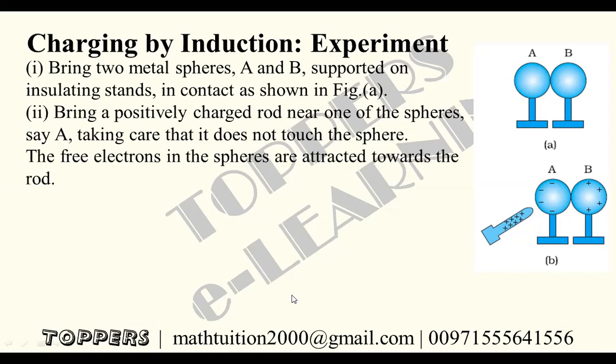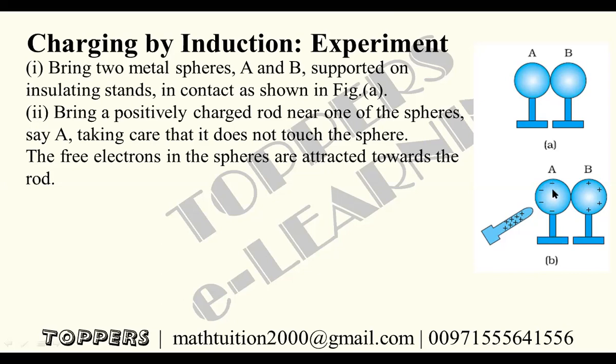The free electrons in the spheres are attracted towards the rod. This sphere is made up of atoms, and atoms contain electrons. In metals, we know the electrons are loosely bound, so they can move from one area to another. When we bring a positively charged rod near, the free electrons will be attracted and come close to it.